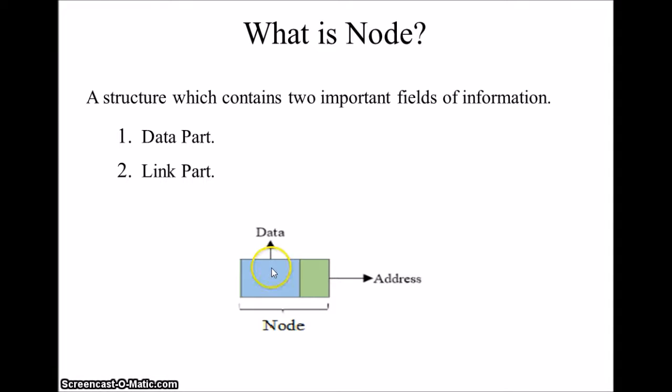Next comes the link part, which holds the information about the next item in the list in the form of an address. So together, data and address, we call it a node.